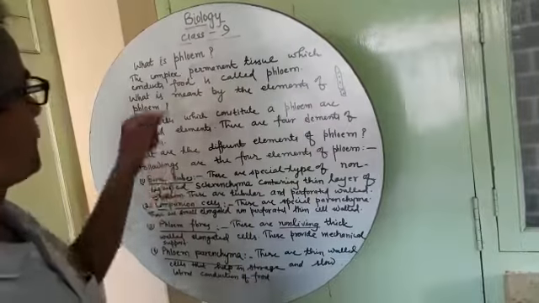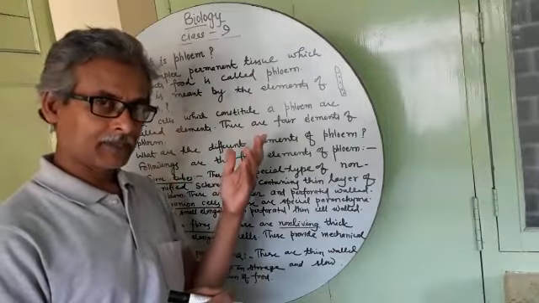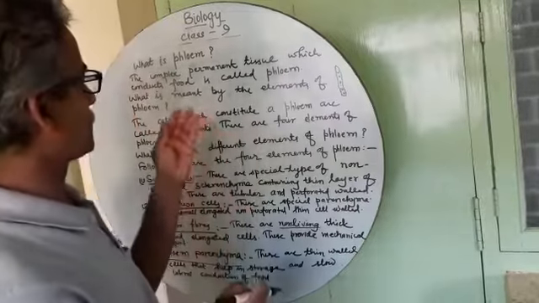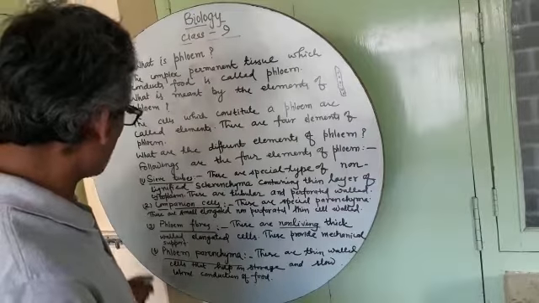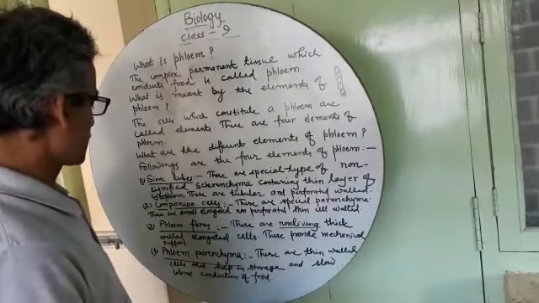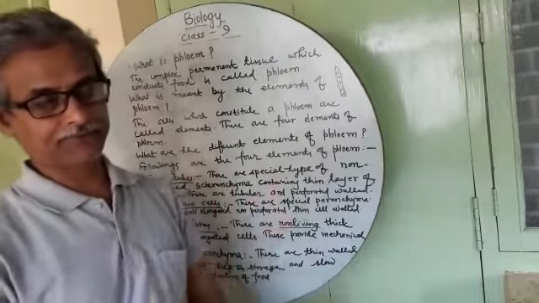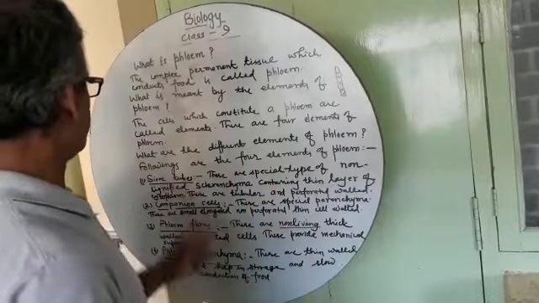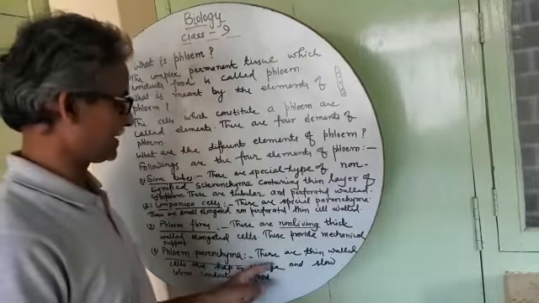So, in case of phloem, which is a complex permanent tissue, among the four elements, three are living cells: sieve tubes, companion cells, and phloem parenchyma.